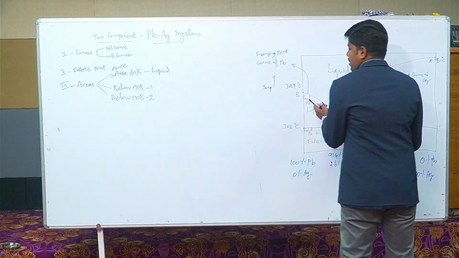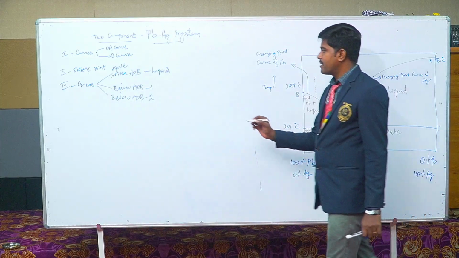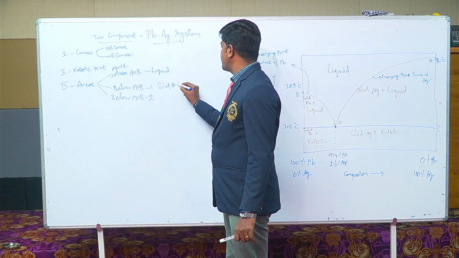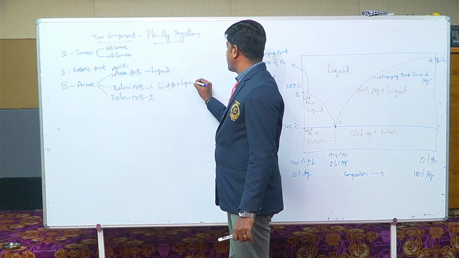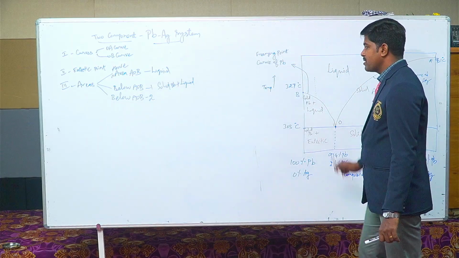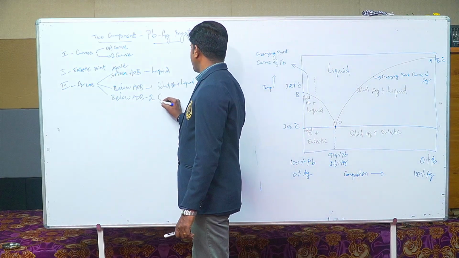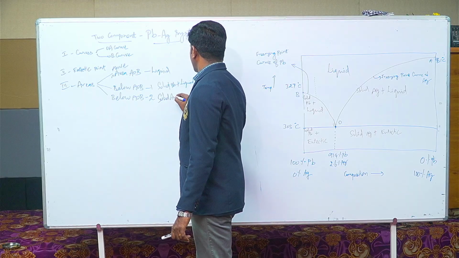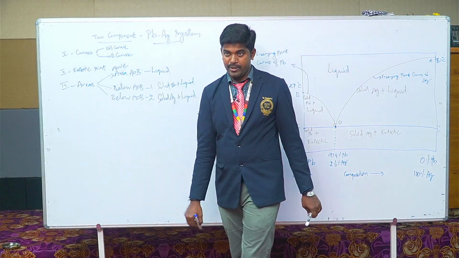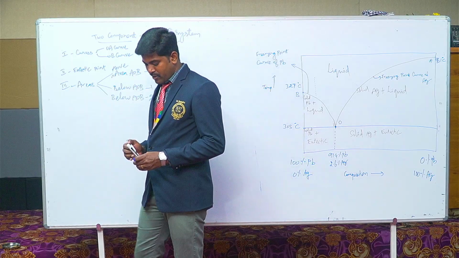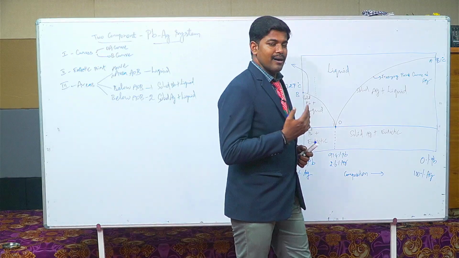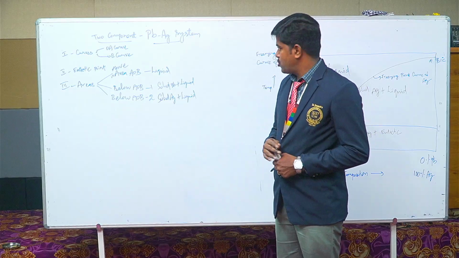Below AOB, there are two different areas. The first area contains solid lead plus liquid melt. The second area contains solid silver with the liquid melt. These things I am going to explain using the phase rule.